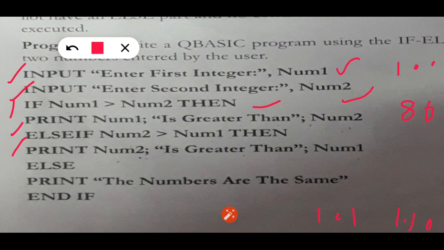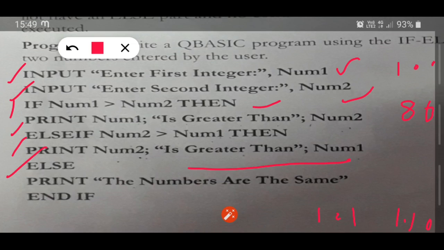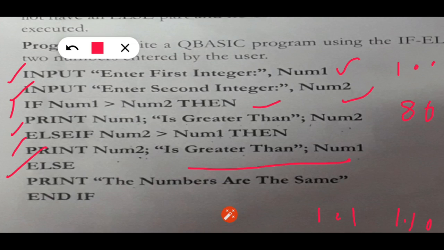In that case, 110 is greater than 101 will display. Clear? Else, suppose both the conditions are false, then what message will display on the screen? The numbers are the same.